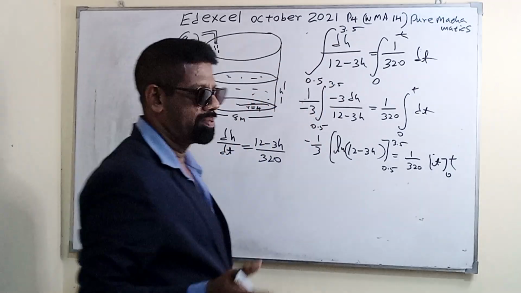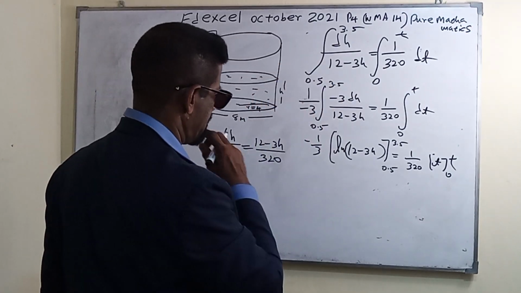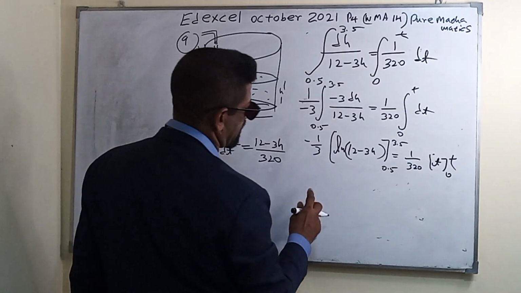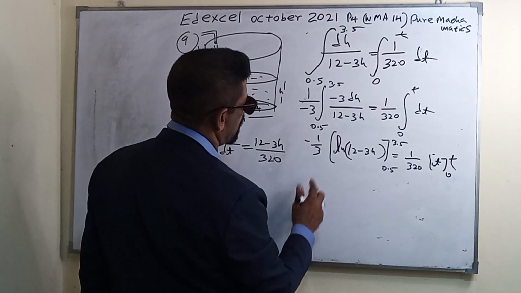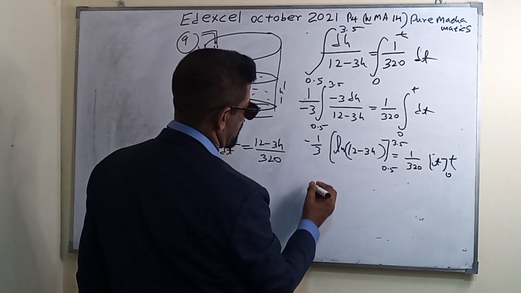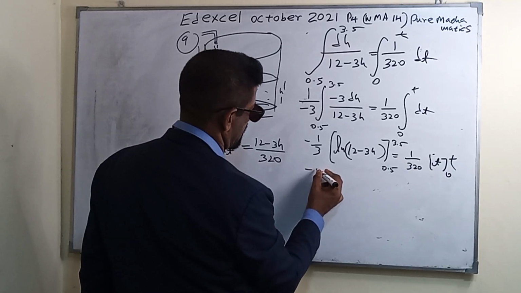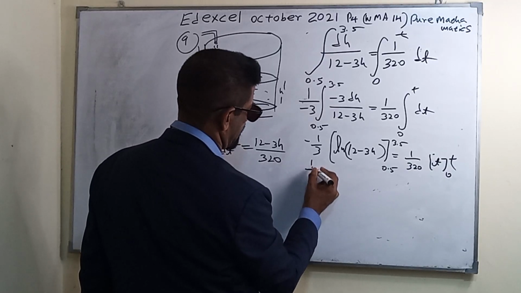Then use a calculator to find the value. Swapping the limits up and down changes the minus into positive 1 over 3.